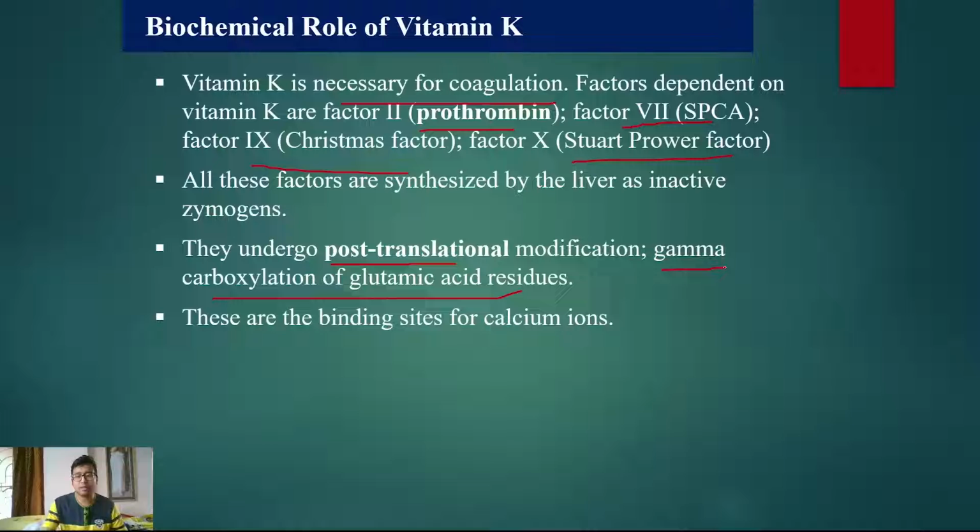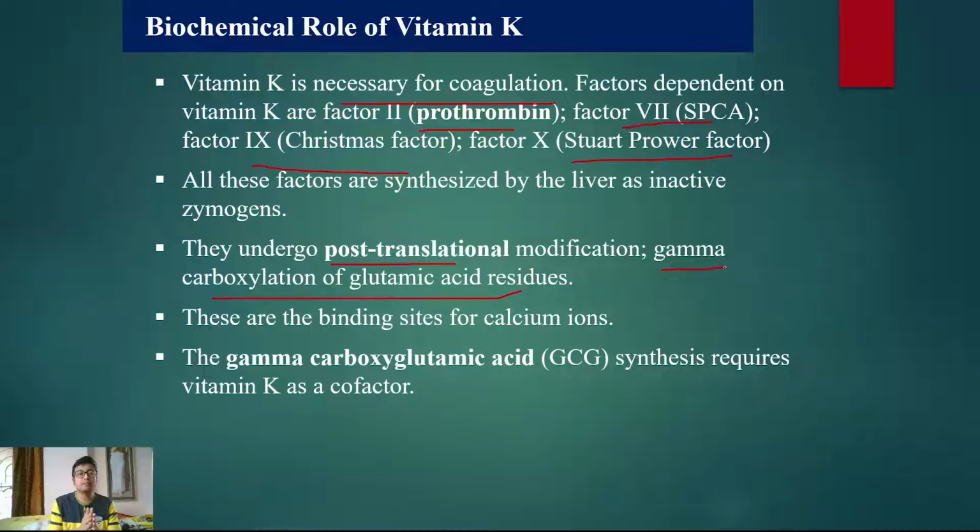So calcium ion binds to all of them, and this reaction, gamma carboxyglutamic acid synthesis, requires vitamin K as a cofactor. So thus vitamin K helps in activation of the clotting factors 2, 7, 9, 10. How are they activated? As post-translational modification.